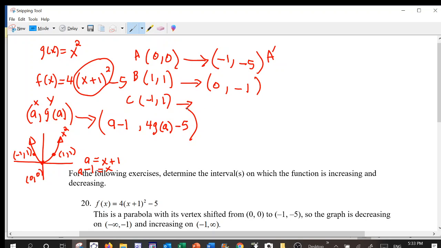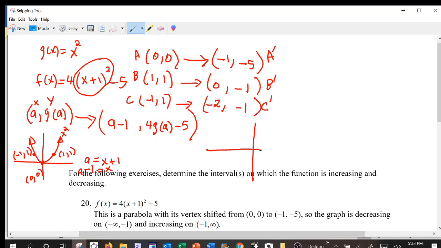And what happens to this one? Well, what's negative 1 minus 1? That's negative 2. And what's 4 times 1 minus 5? Again, it's negative 1. It goes to the same place as this one. So we call this B prime and we call this C prime. So we want to graph this.